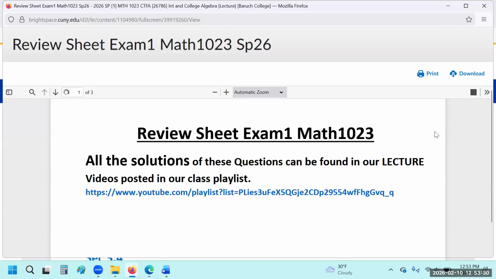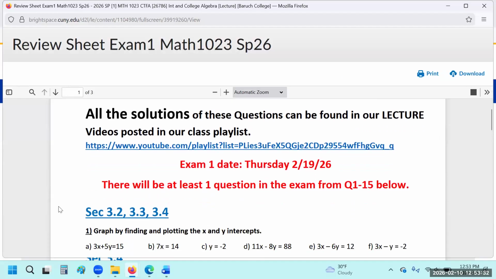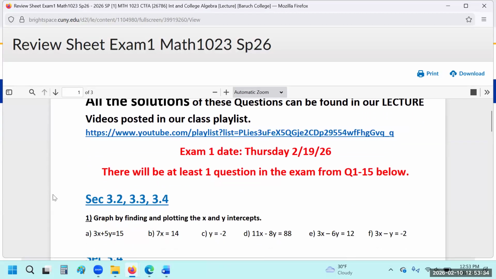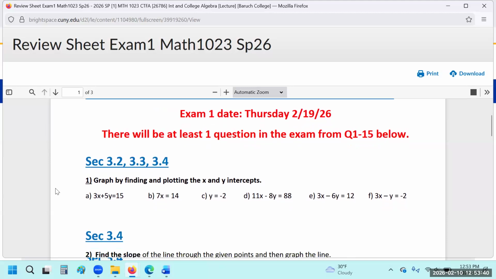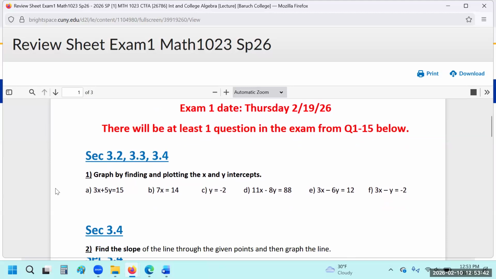I also mentioned here that you're going to have at least one question from each of the 15 questions I posted here. So from 3.2, 3.3, 3.4, all combining, you're going to have one question where you're going to do x-intercept, y-intercept, slope, and graph. So combining all 4 things, you're going to do one question.